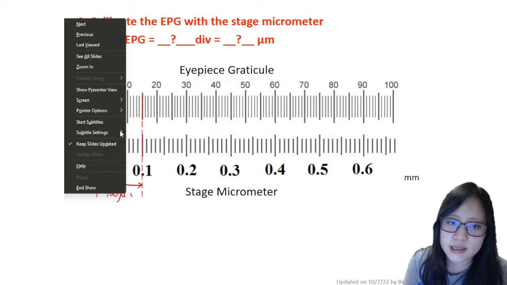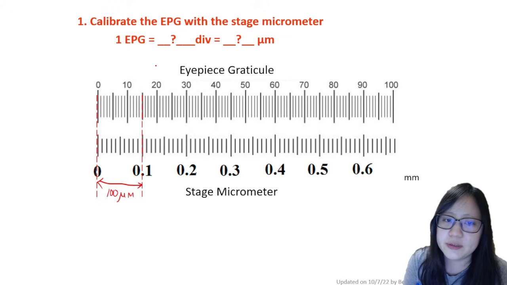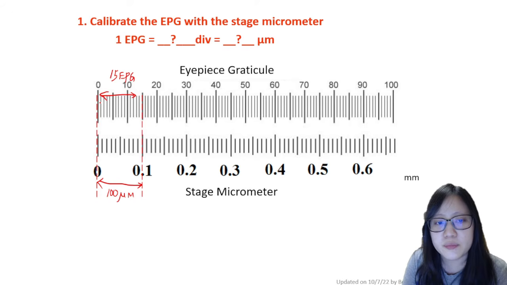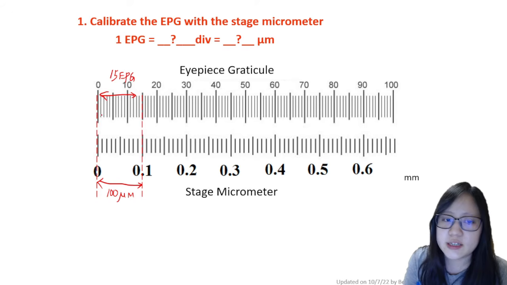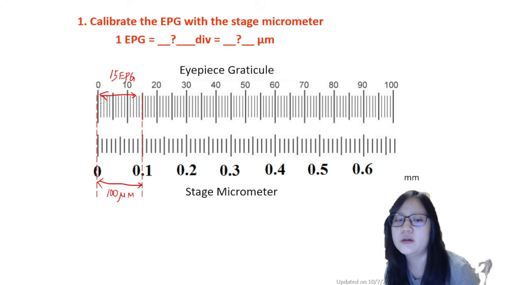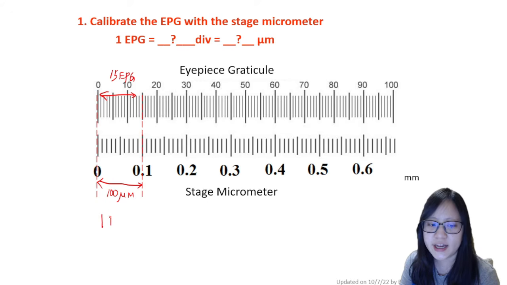How many divisions does it line up with? How many divisions of the eyepiece reticule? That's 15 EPG here. Okay, be careful, because the smallest division is considered as one eyepiece reticule. So how much is one EPG then? Easy.